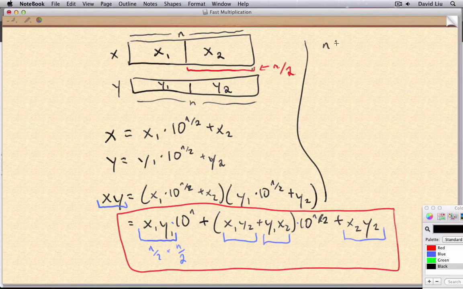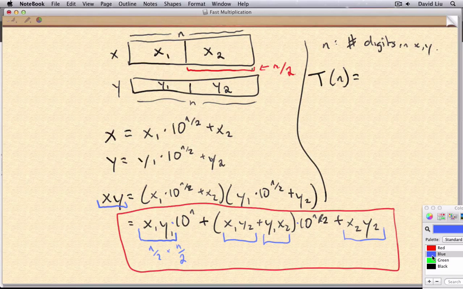If n is the number of digits in x and y, then what is T(n) equal to? We do 1, 2, 3, 4 recursive multiplications where each input, x1, y1, or x1, y2, has size n over 2.